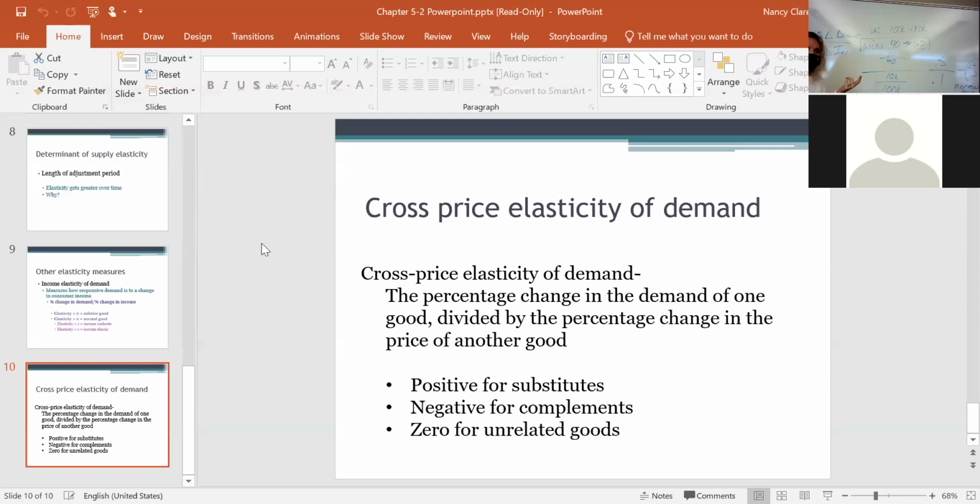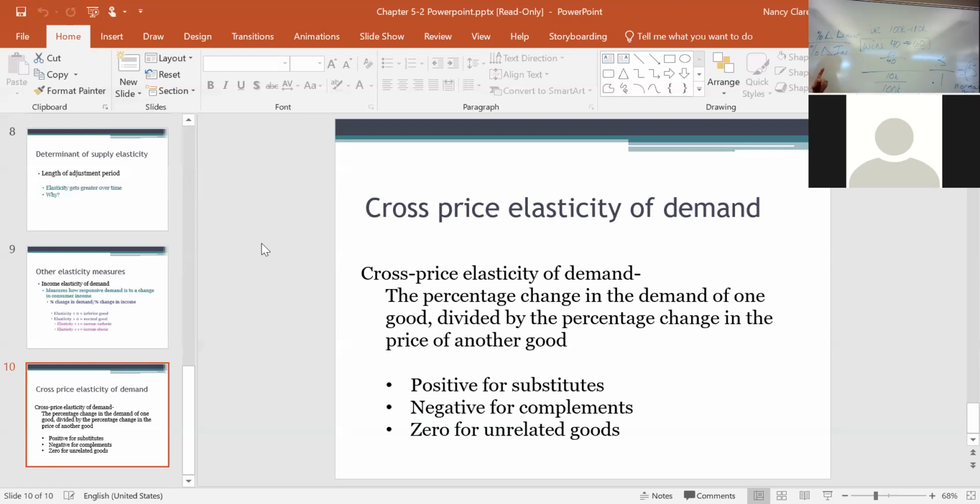So Coke and Pepsi was our previous example for substitutes. If a price decrease or increase of one good affects the substitute, right? And you get a positive number, you actually confirm that they're substitutes.